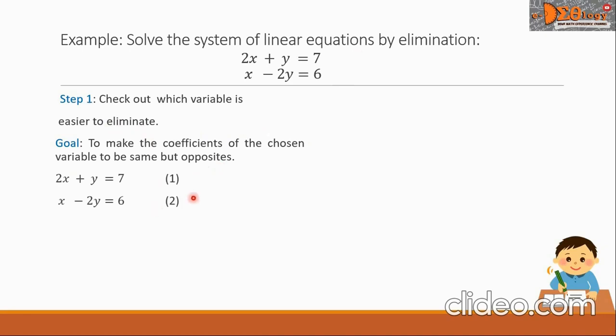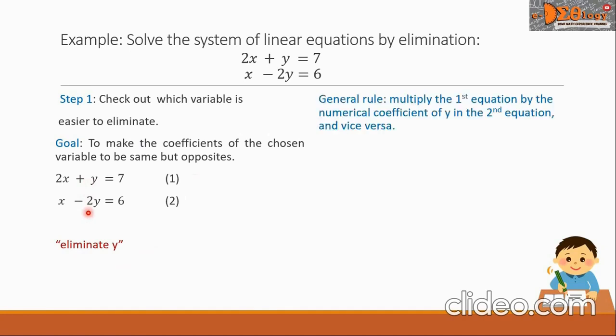Let us name them the first equation and the second equation. As for our discussion, I would like to eliminate y for the reason that they are already opposite signs. However, they have different coefficients. So let us do some manipulation.